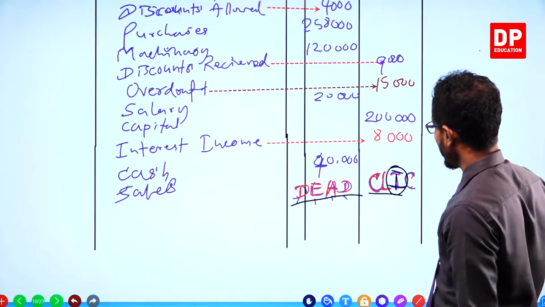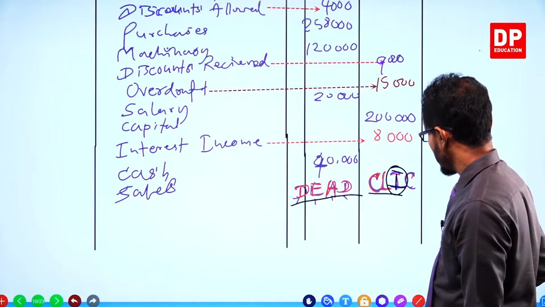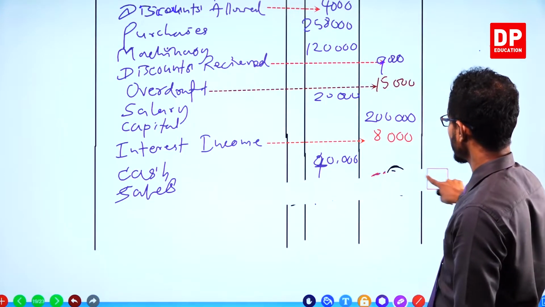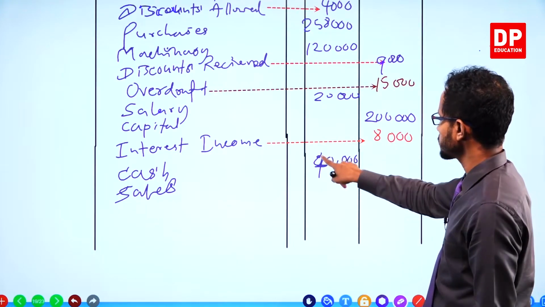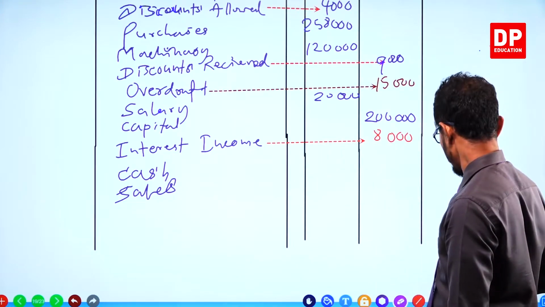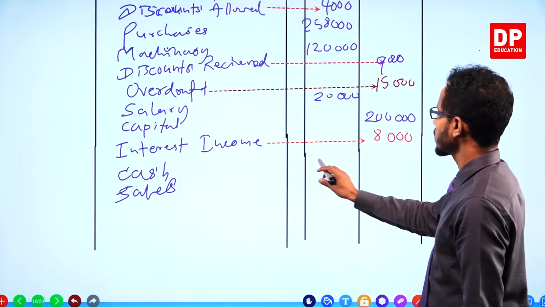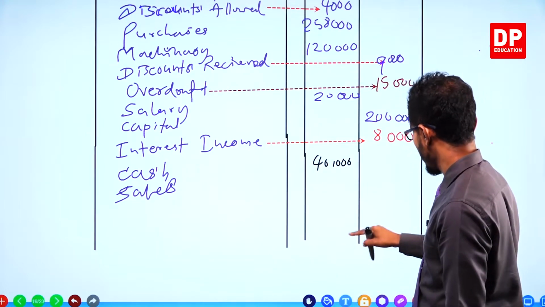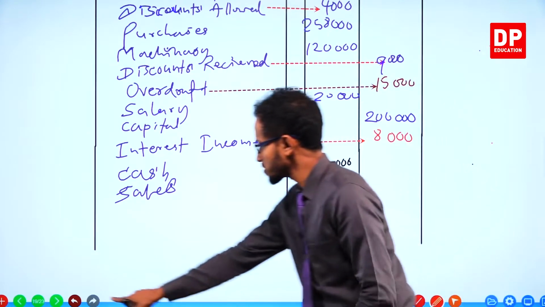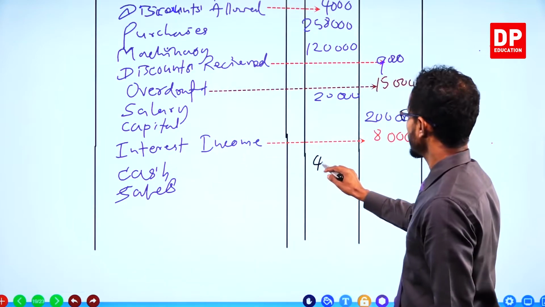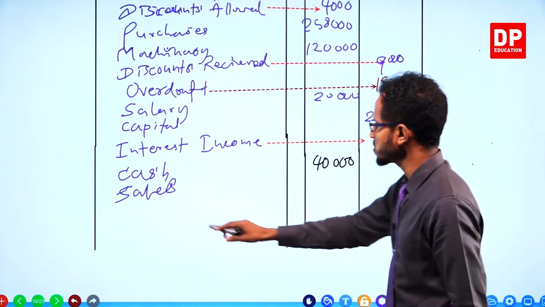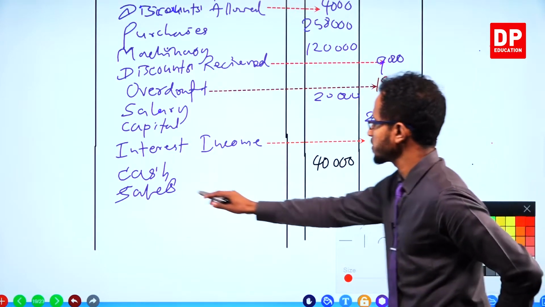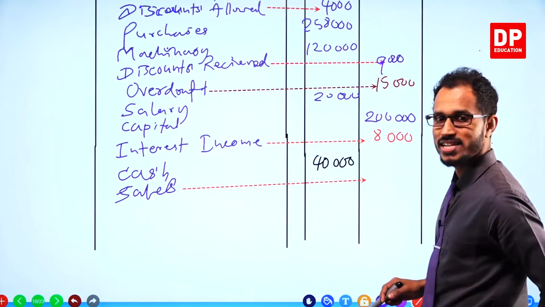Remember debit, credit? Debit click. Now we don't need the debit click. We are done with the trial balance. Finally, cash 40,000 and sales 380,000 should be credit because sales is an income.